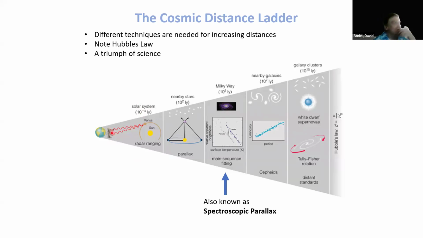If the object is in the solar system, all you need to do is bounce a sound wave off of the object. This is the same technique that is basically used to map the sea floor of the oceans.